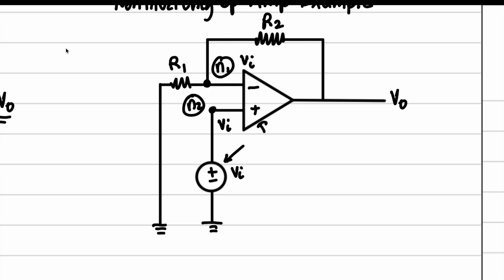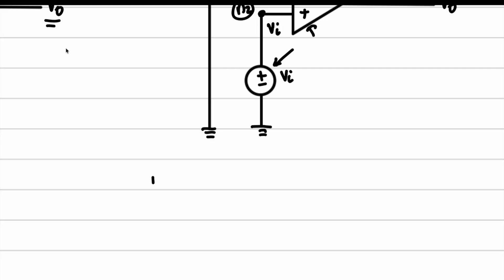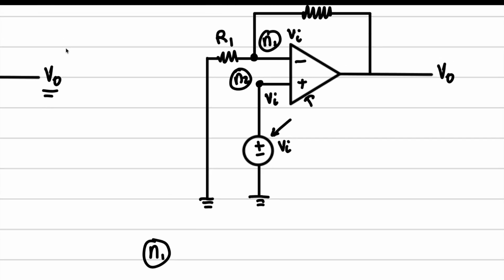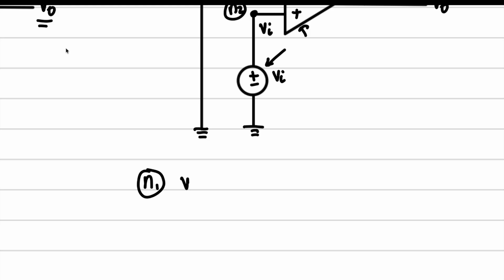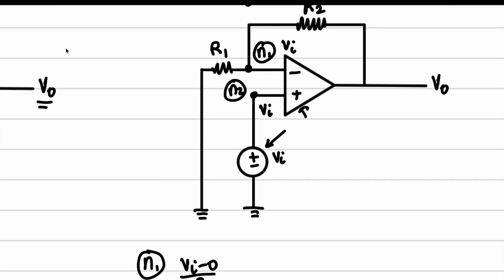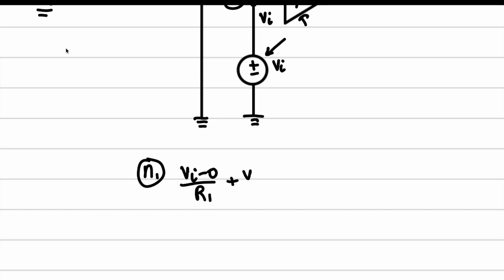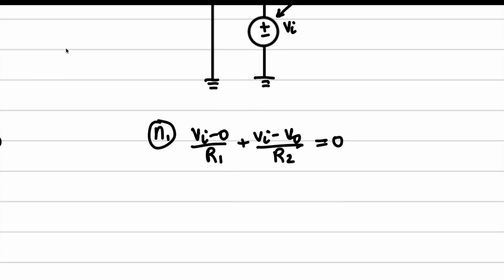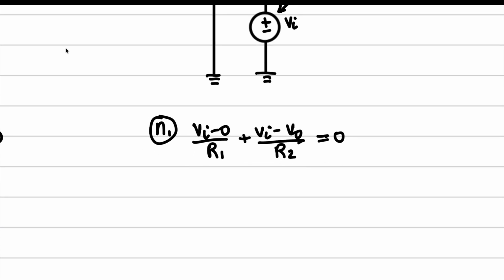Okay. And so we're going to go ahead and solve our nodal analysis at node 1, and we're going to say (VI minus 0) over R1, right, plus (VI minus V naught) over R2 is equal to 0. Now we're going to go ahead and simplify this and solve for V naught.